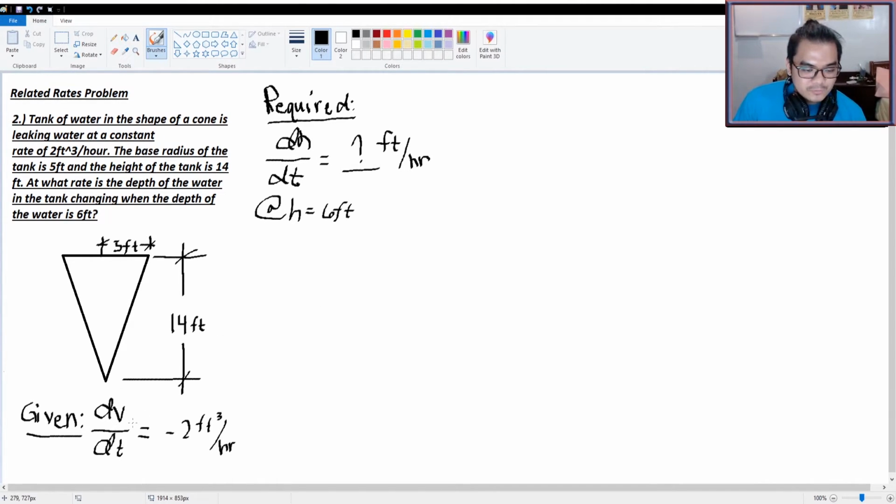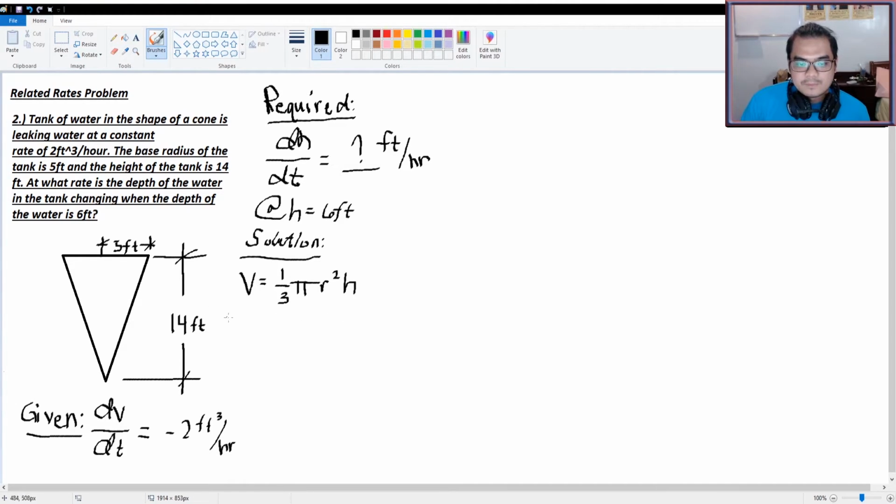Now, of course, for us to be able to use dV over dt, we can have now the solution. My solution: you must know the volume of a cone. So remember that the volume of a cone is just 1/3 of the cylinder, that is 1/3, don't forget the pi, r squared h.